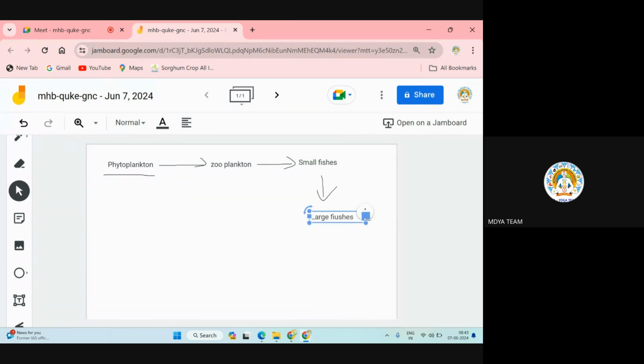So this is an aquatic food chain. Just remember this, phytoplankton will always be producers. Just like we have plants on our land, the ocean has phytoplankton, small algae, very small algae, but these are huge in number.